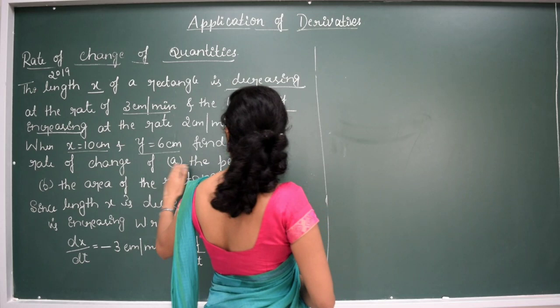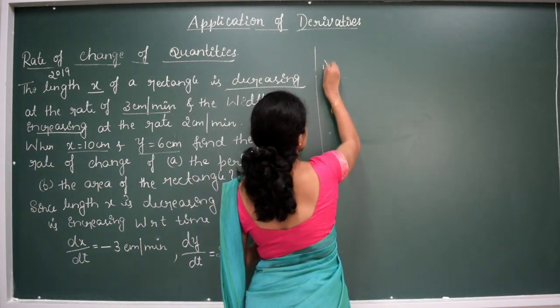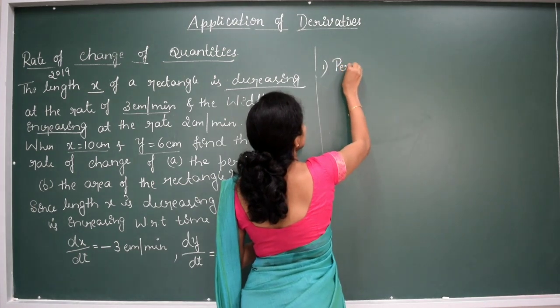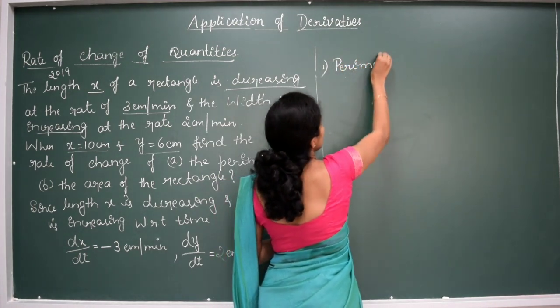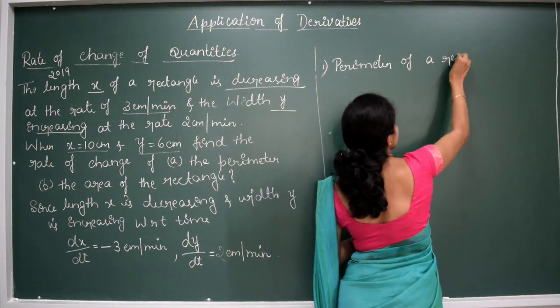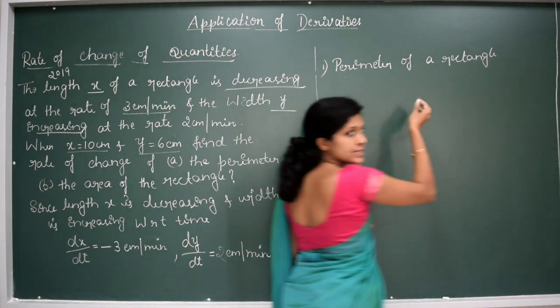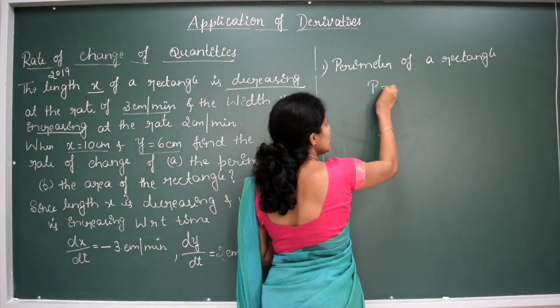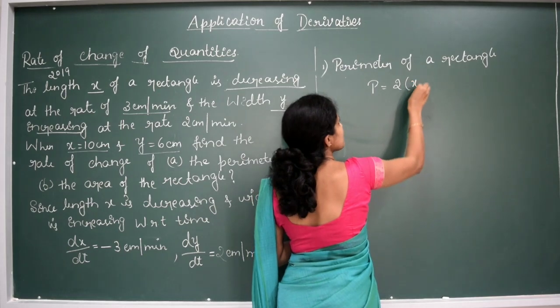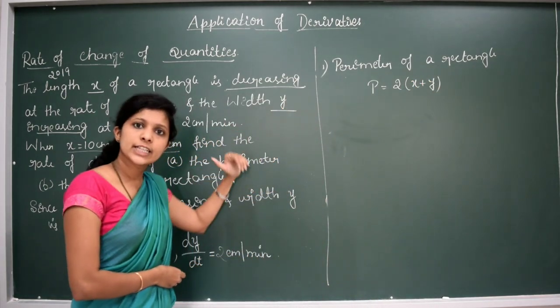Now what you have to do is find the perimeter of a rectangle with respect to time. For that, first we will write the perimeter of a rectangle. What is the representation for perimeter? It will be P, right? It is given by P is equal to 2 into x plus y. Now you have to find the rate of change of P with respect to time.